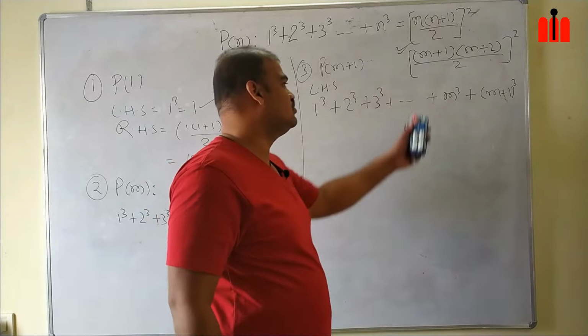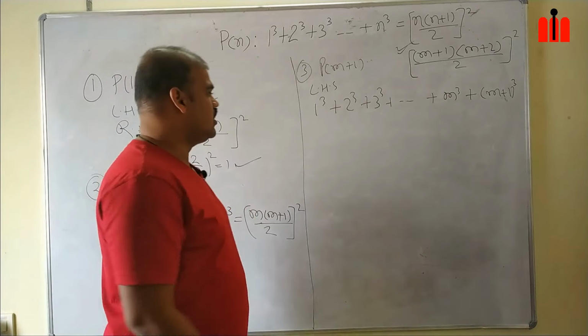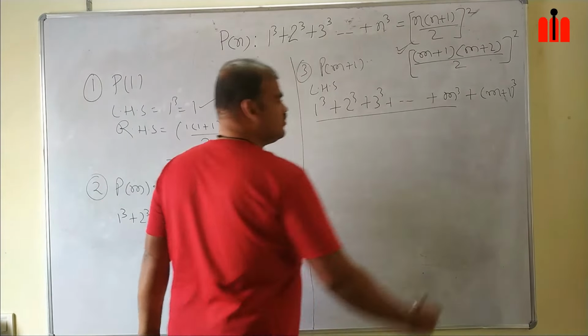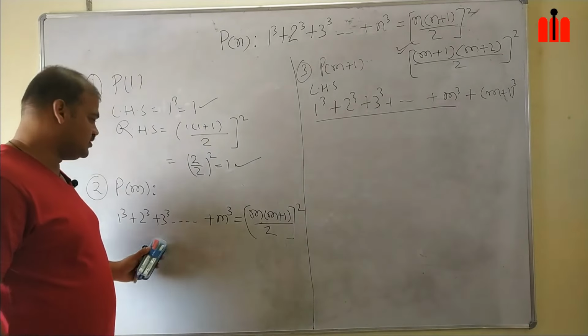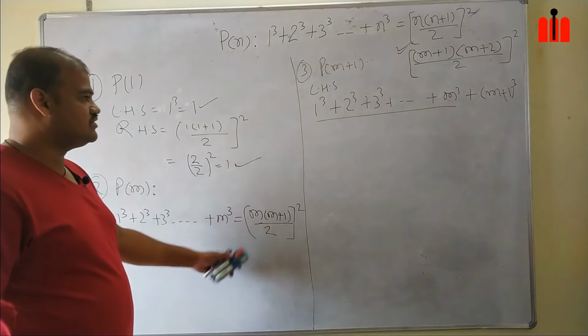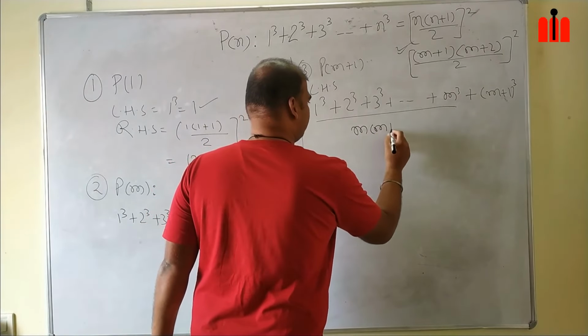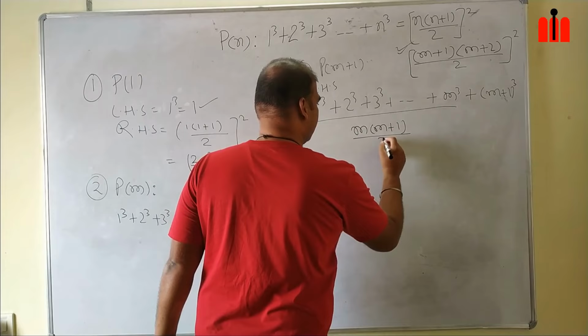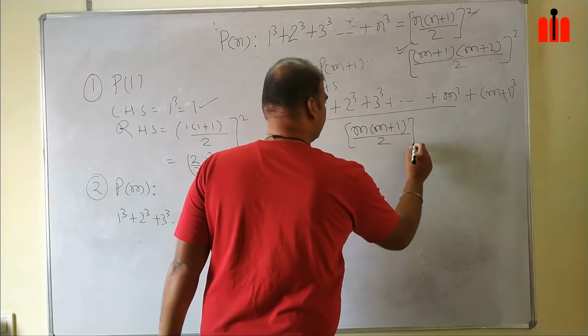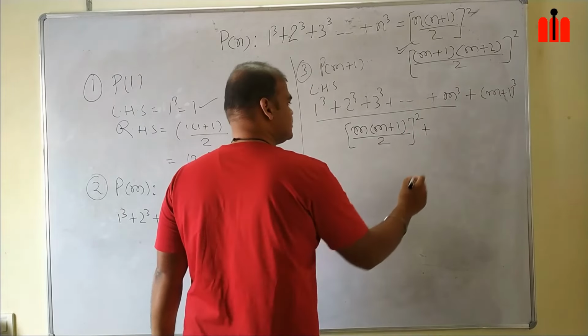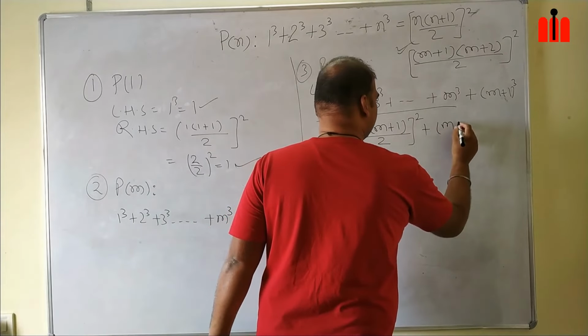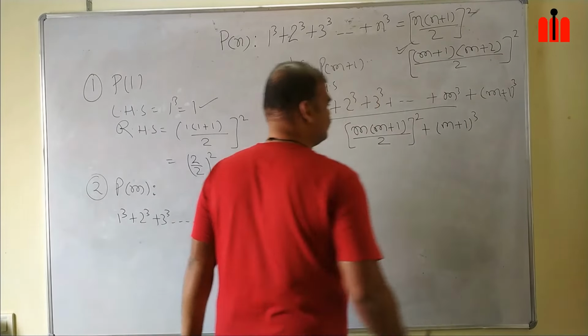So our aim is to get this from this. Now the first m terms we can substitute from the assumption. Once we substitute, we will get m into m plus 1 by 2 whole square plus m plus 1 whole cube.